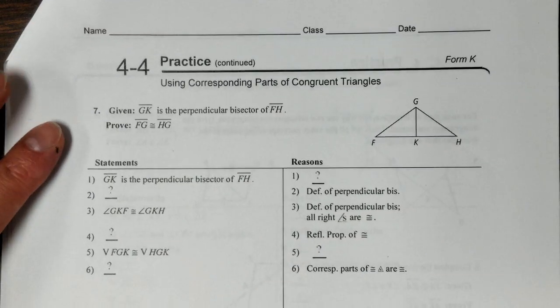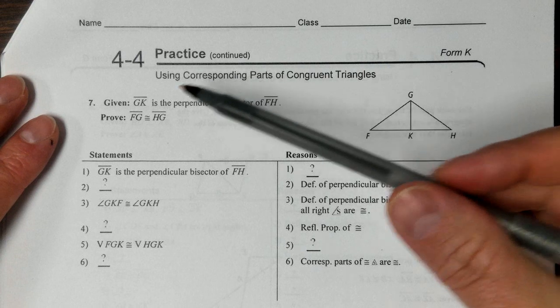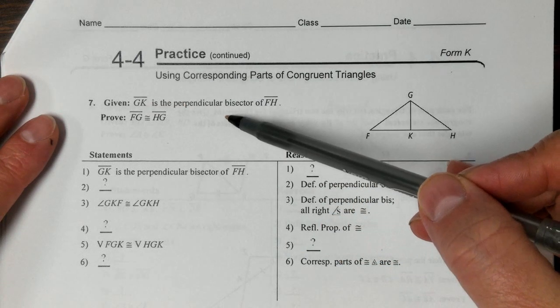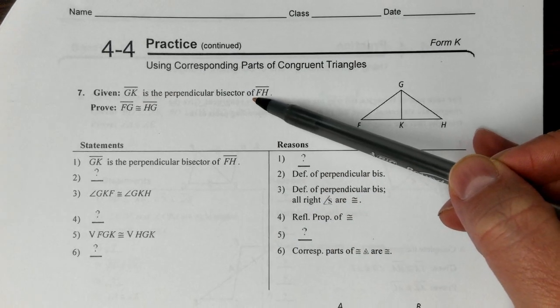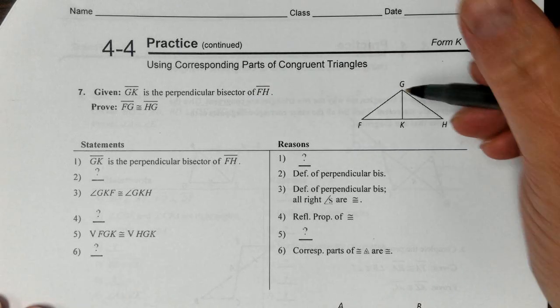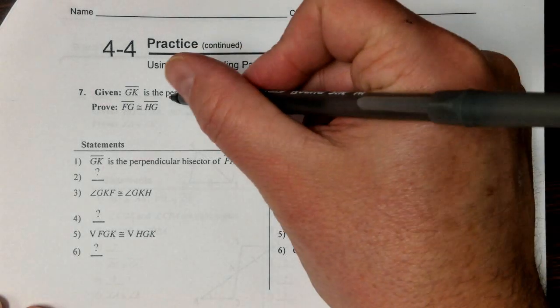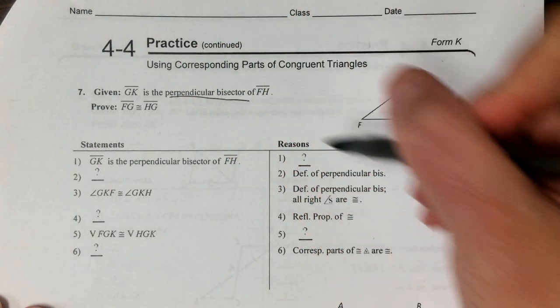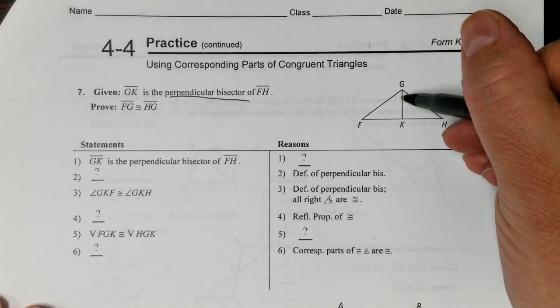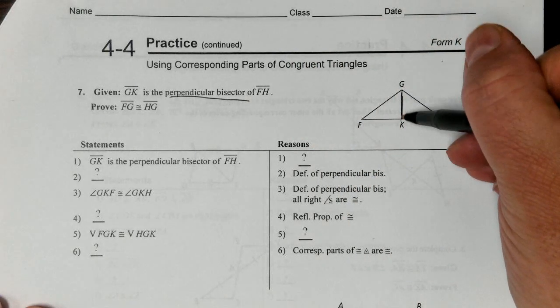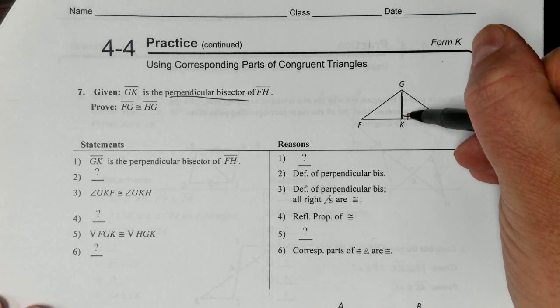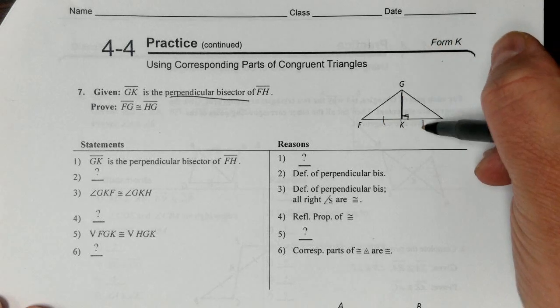On number 7, we have GK as the perpendicular bisector of FH. So the perpendicular bisector part means this causes a right angle here with these equal.